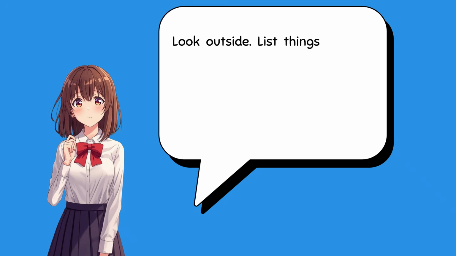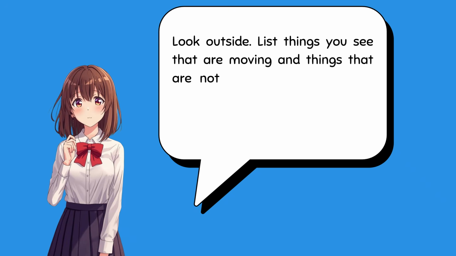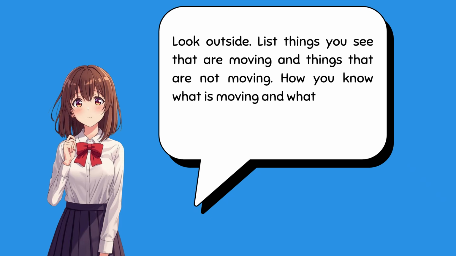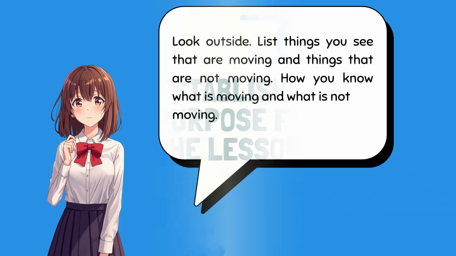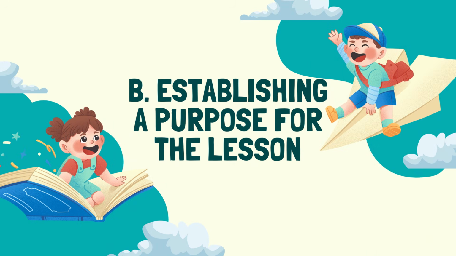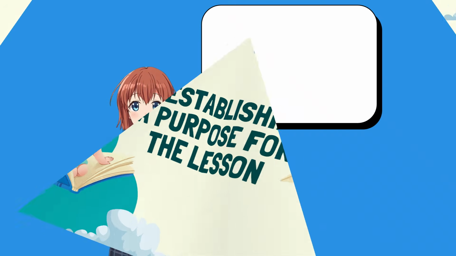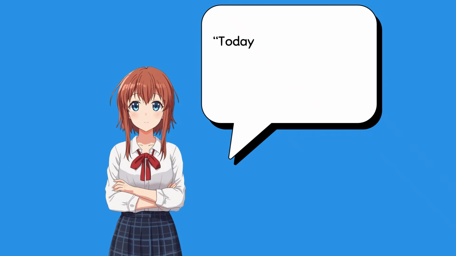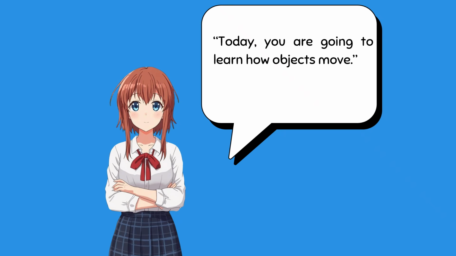Look outside. These are things you see that are moving and things that are not moving. How do you know what is moving and what is not moving? Today, you are going to learn how objects move.